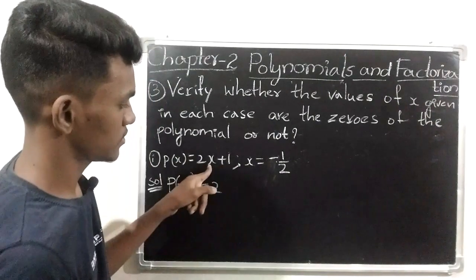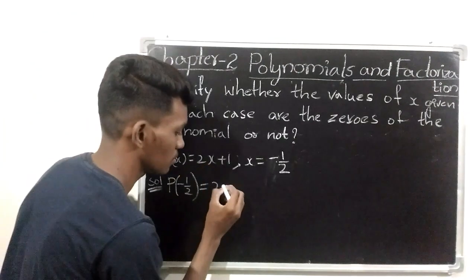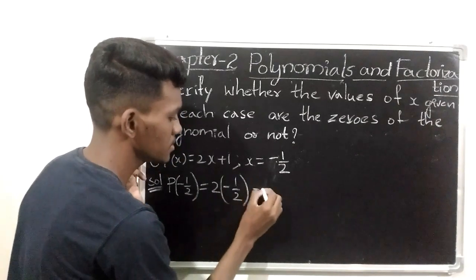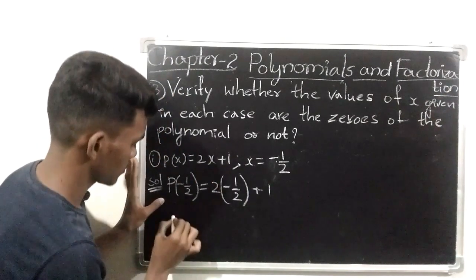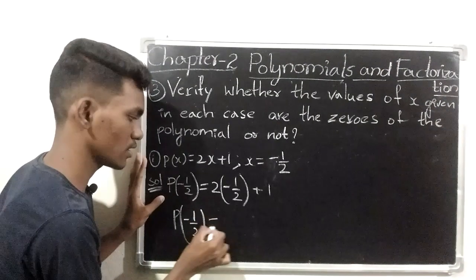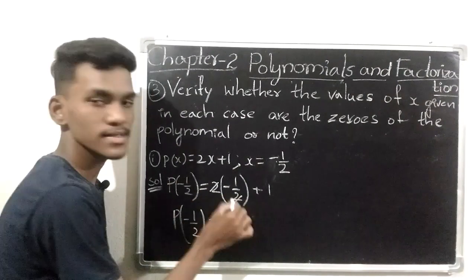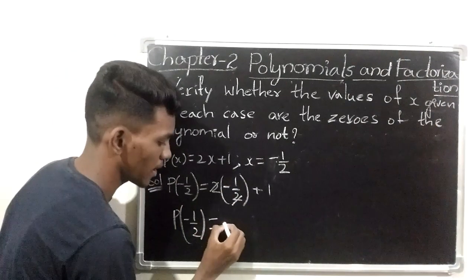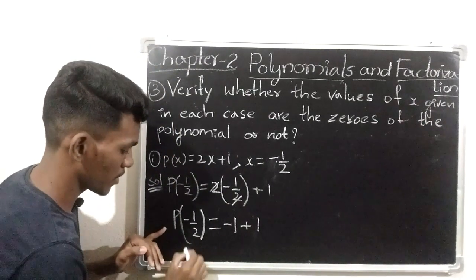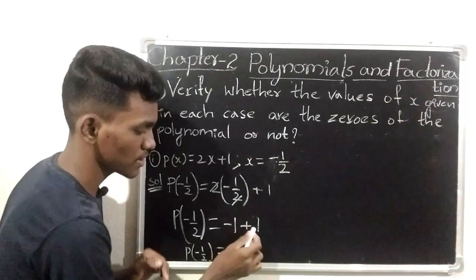So here, in the place of x we have to substitute minus 1 by 2, plus 1. So p of minus 1 by 2 equal to, see here, 2 ones are 2, 2 ones are, see here minus 1 is remain, plus 1. So p of minus 1 by 2 equal to minus 1 plus 1.